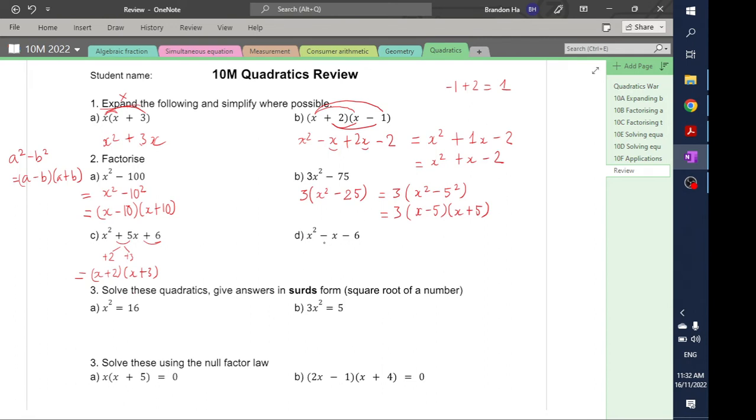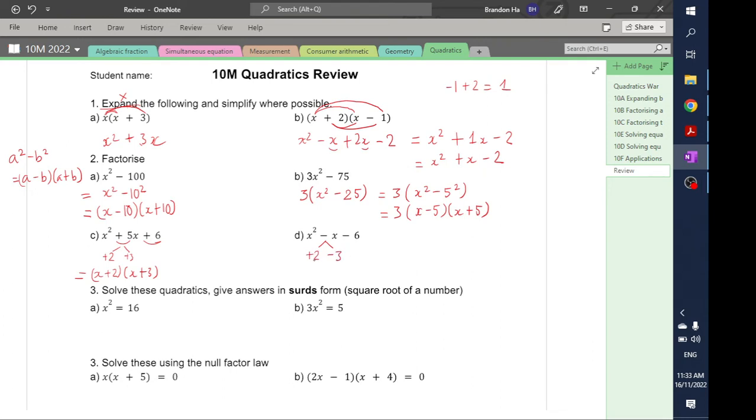Next one, also similar. We got negative 1 here and negative 6 here. So just by thinking, guessing, experimenting, we can find out that negative 1 is positive 2 and negative 3.